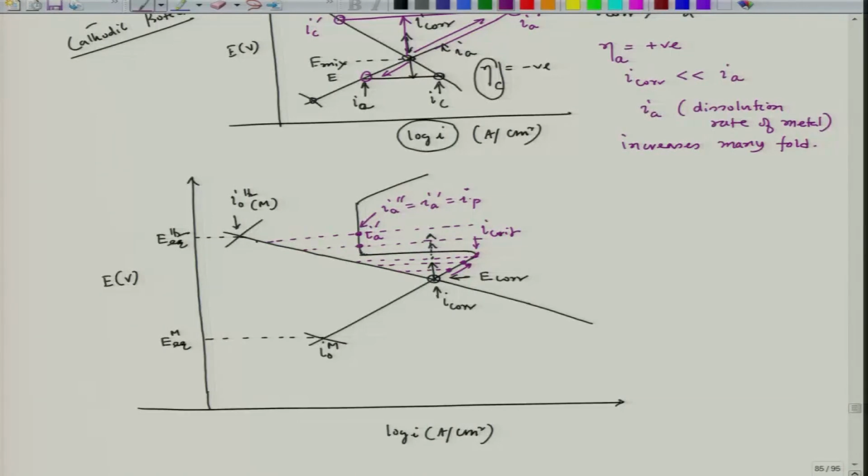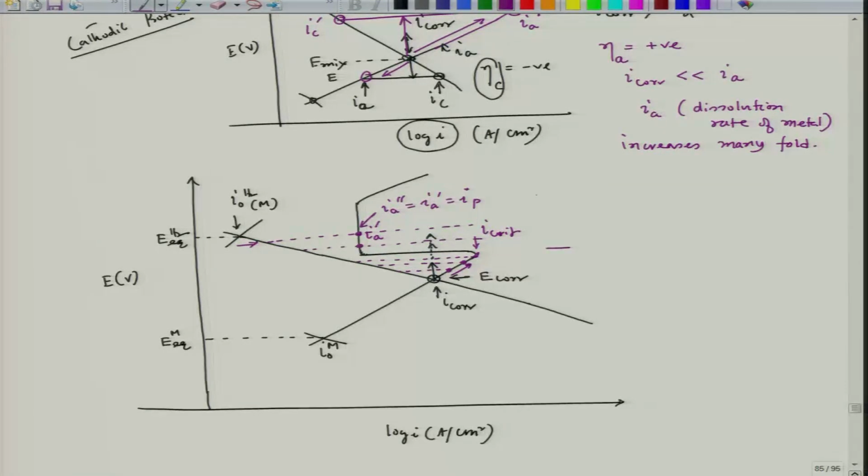So, that means the corrosion rate is not changing, which is indicated by the anodic current density, because once I take the potential to this particular location, I always have the current density corresponding to the metal dissolution situated in the passive region.